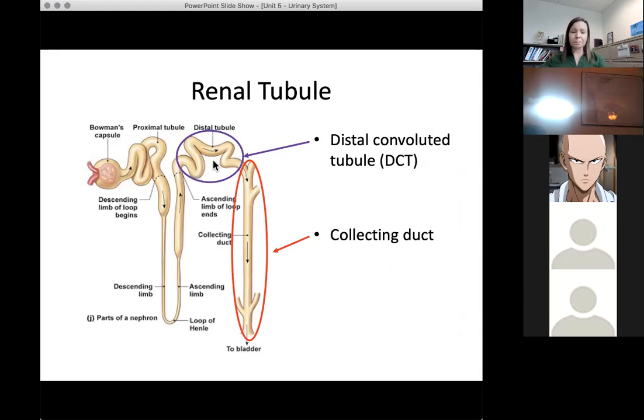These cells are called principal cells and intercalated cells. The principal cells help maintain the body's water and sodium balance. And the intercalated cells help to maintain the acid-base balance of blood.